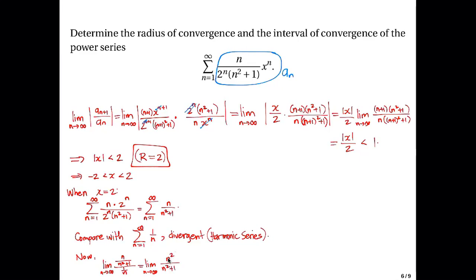Anyway, the limit is just 1, and this is greater than 0. Which means the series n over n squared plus 1, from 1 up to infinity, is divergent by limit comparison test.